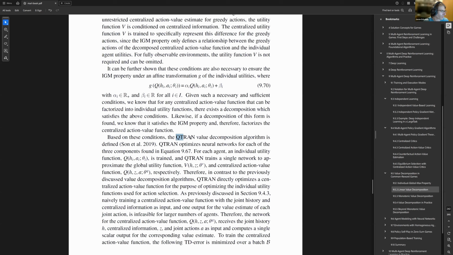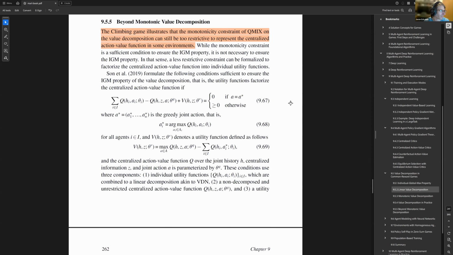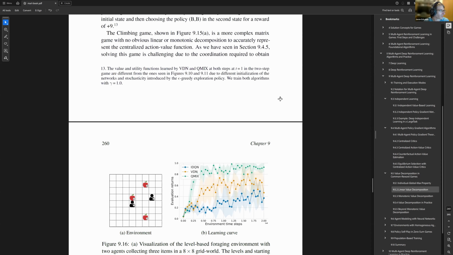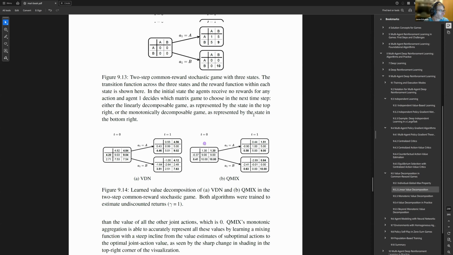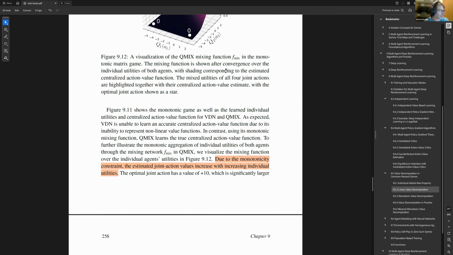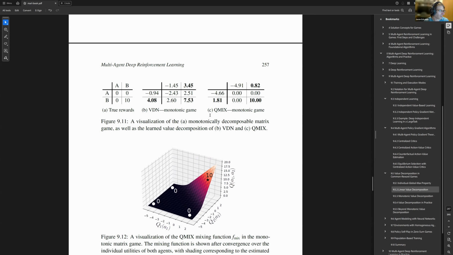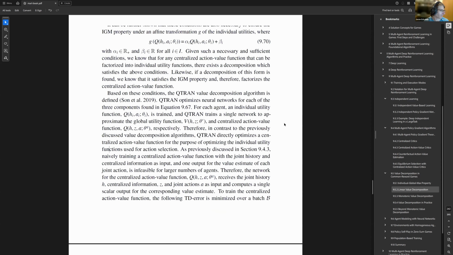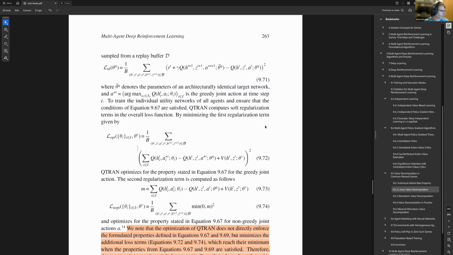So if you really have a poorly behaved problem like this, it may be better to just bite the bullet and try to learn all the joint action values, which won't have any of these problems. If we know ahead of time that it's going to be linearly decomposable or monotonic, then these techniques will work well in those cases. But otherwise, we're going to have problems.